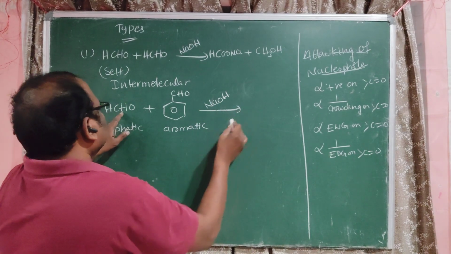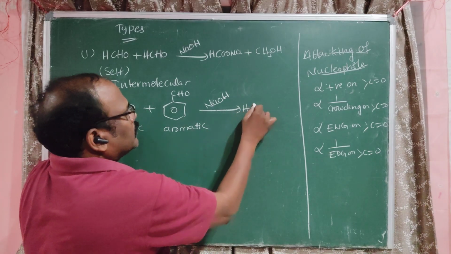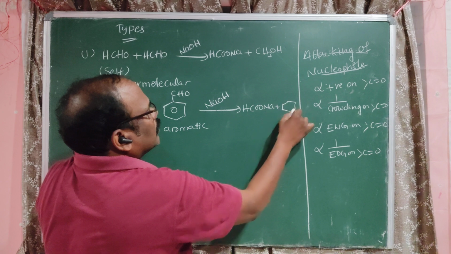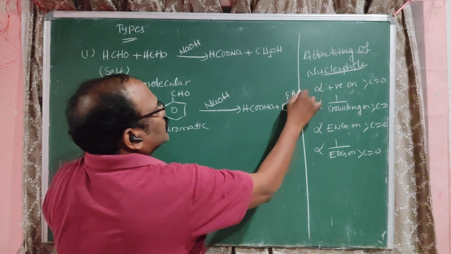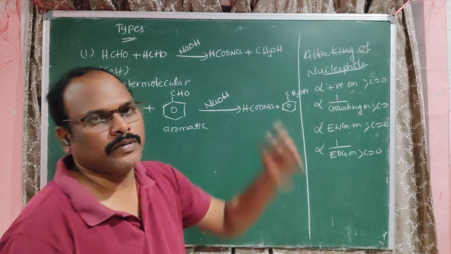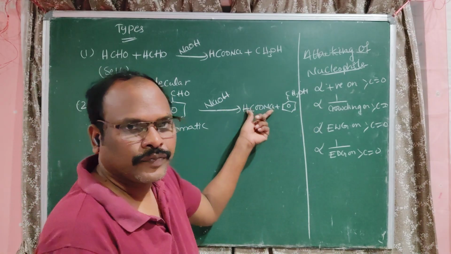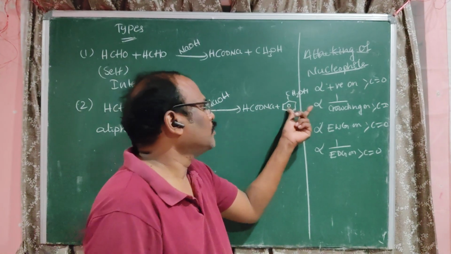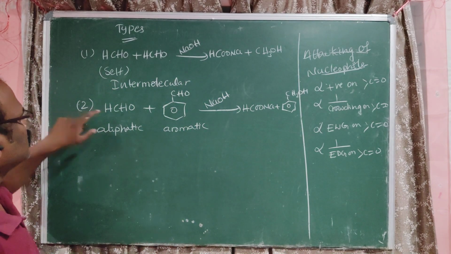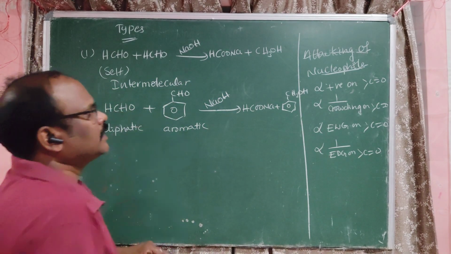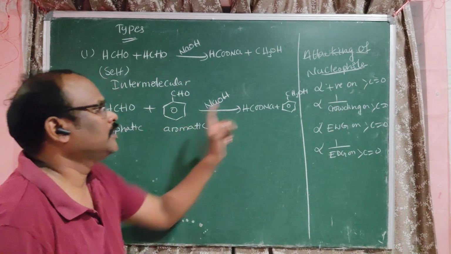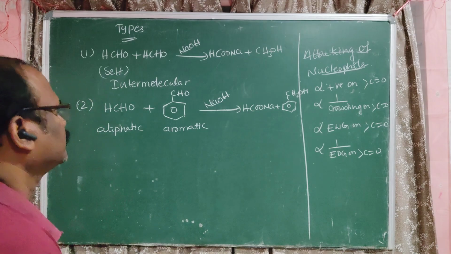So it is converted into the oxidized product, HCOO minus, and the other is converted into alcohol, CH2OH. In the Cannizzaro reaction, the products are one oxidized product and one reduced product. The less bulky group is oxidized and the more bulky group is reduced. This is explained by the second factor.